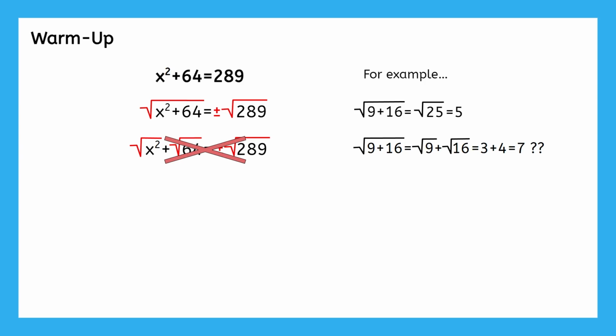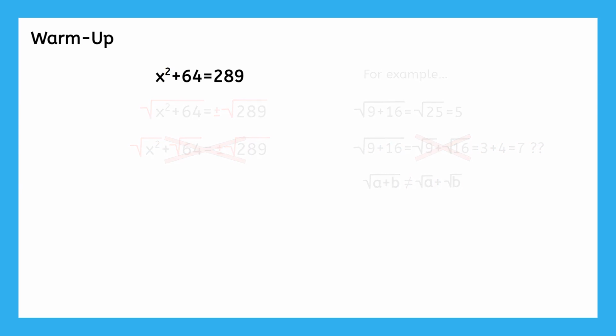But the correct answer is 5. In general, the square root of a plus b is not equal to the square root of a plus the square root of b. So let's rewind and think of something we can actually do.